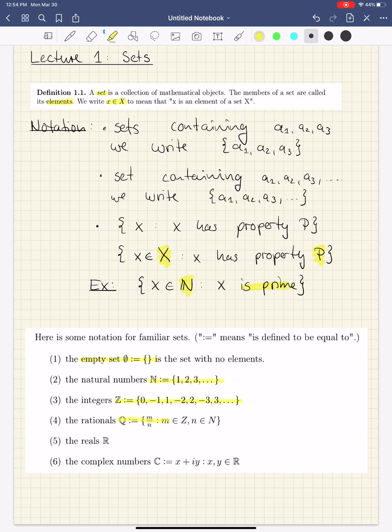We have the rationals, which are a quotient between an integer on top and a natural number on the bottom. So see here, we choose the natural numbers, so that excludes dividing by 0. And then we have the real numbers, which are not easily described in the way above, but we all hopefully know what they are. And then we have the set of complex numbers.